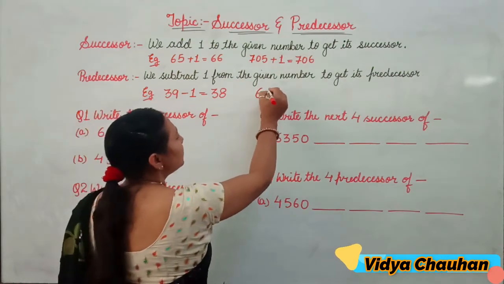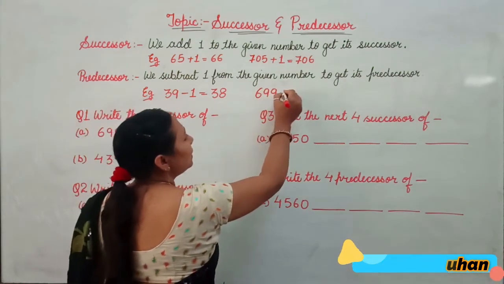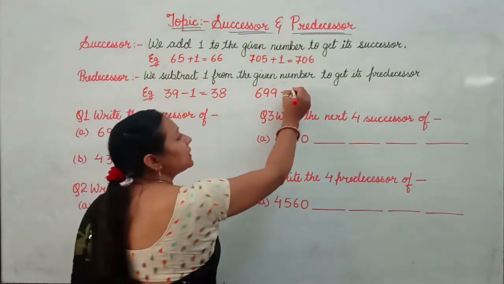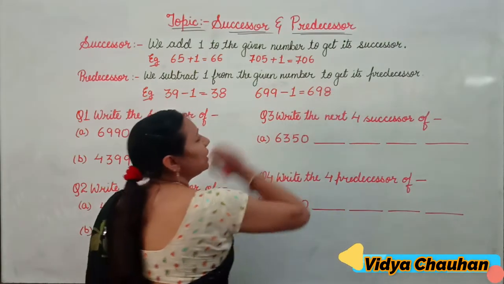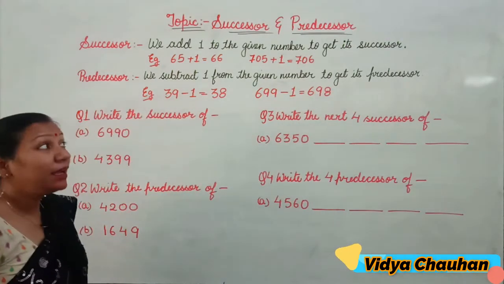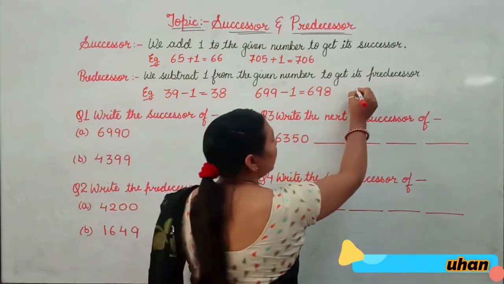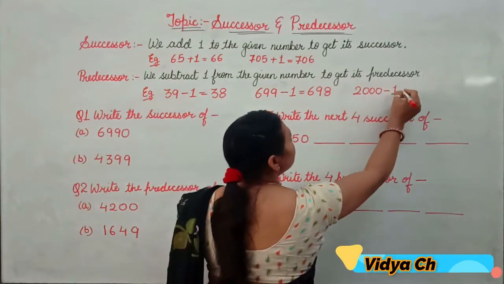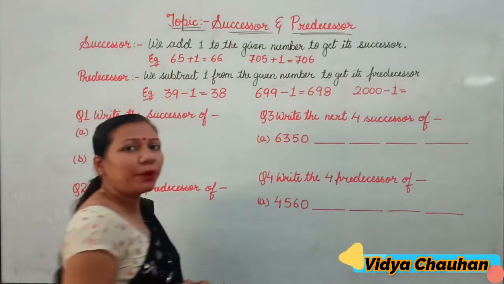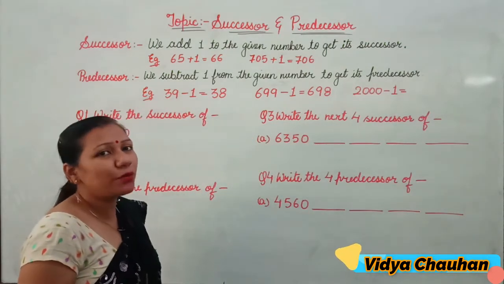Similarly, if your number is 699 and you have to find its predecessor, subtracting 1, what will you get? 698. Okay students? Similarly, if there is a number 2000 and you have to find its predecessor, you will subtract 1 from 2000.